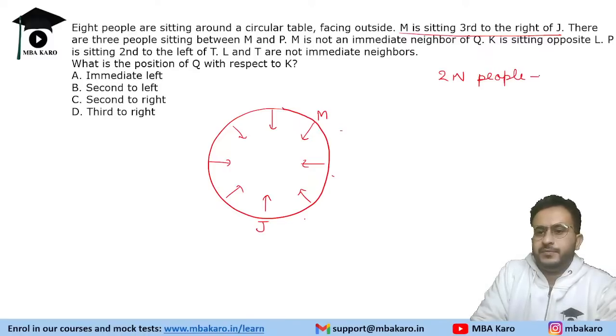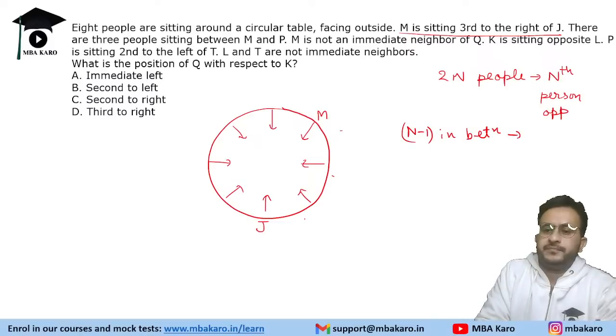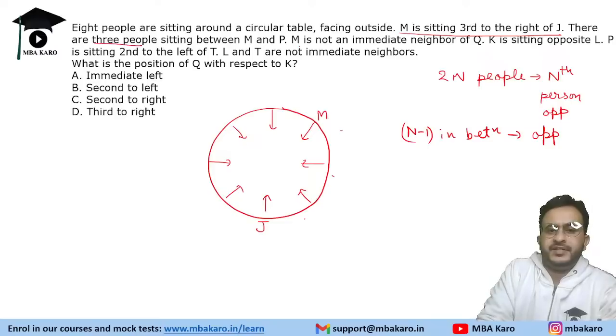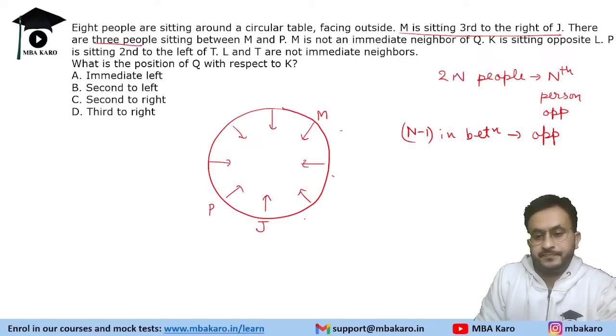If there are 2n people, that means nth person is opposite, right? Or n minus 1 in between means opposite. यहाँ पे 8 people है, 3 people in between means opposite, so this will be P.